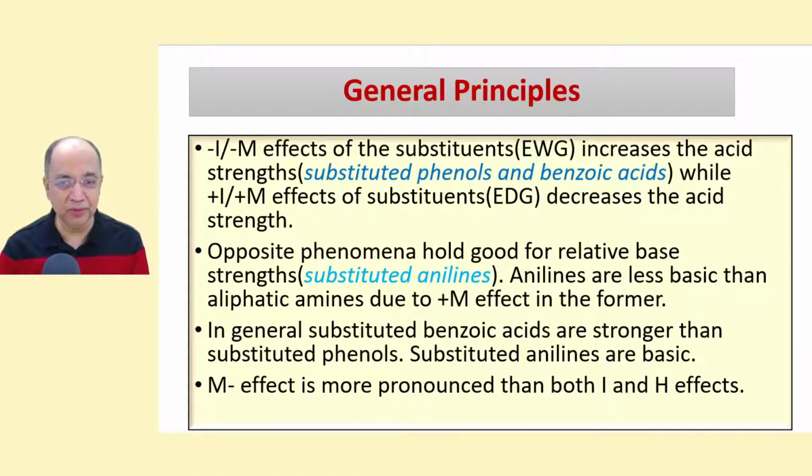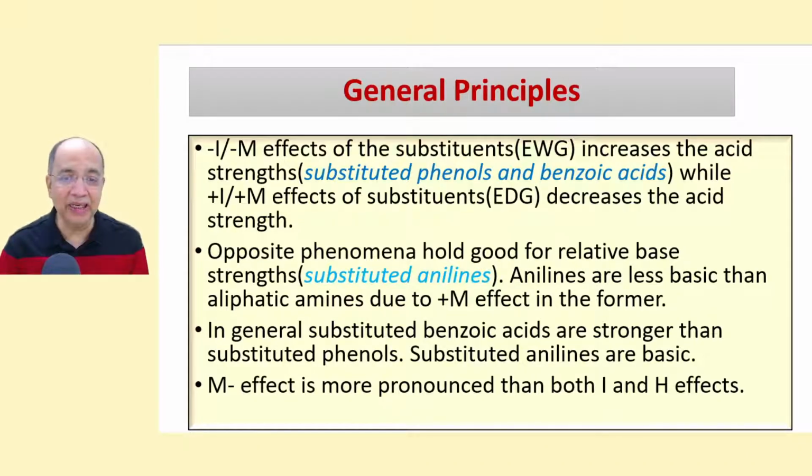This is for substituted phenols and substituted benzoic acids, about which we shall be discussing. While plus M or plus I effects from an EDG, electron donating or electron releasing group, decrease the acid strength by destabilizing the conjugate base, phenoxide ion and benzoate ion.